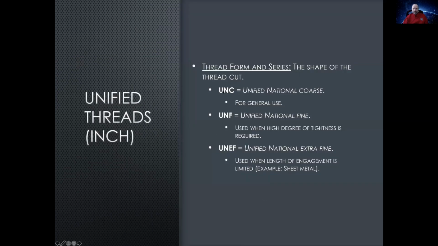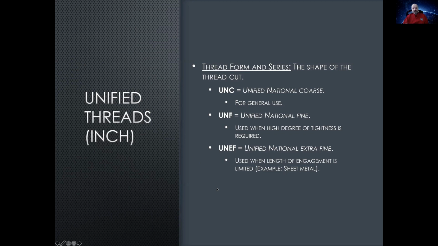So UNC is Unified National Coarse. That's general use. UNF is Unified National Fine, where you want a little bit tighter thread. And then you have Unified National Extra Fine.